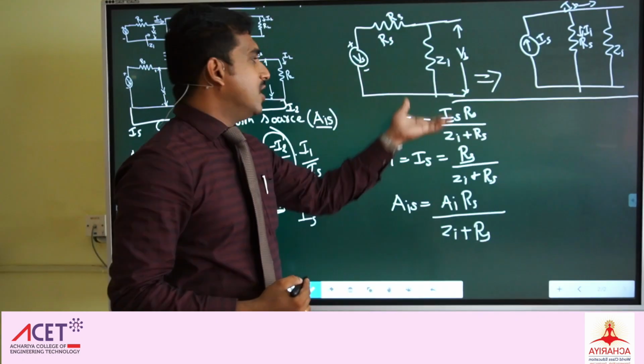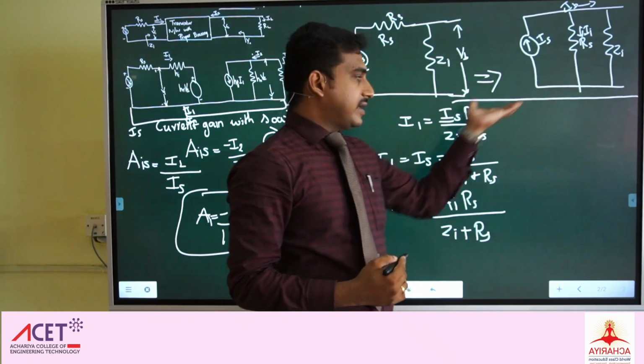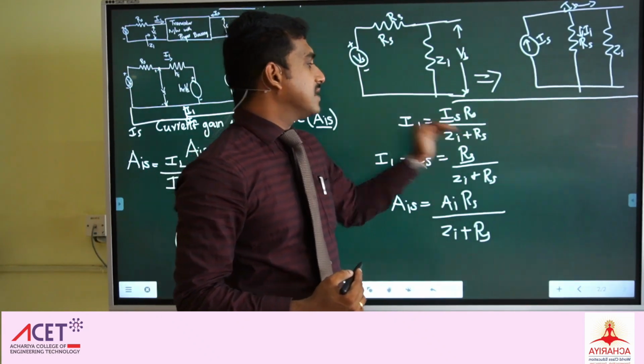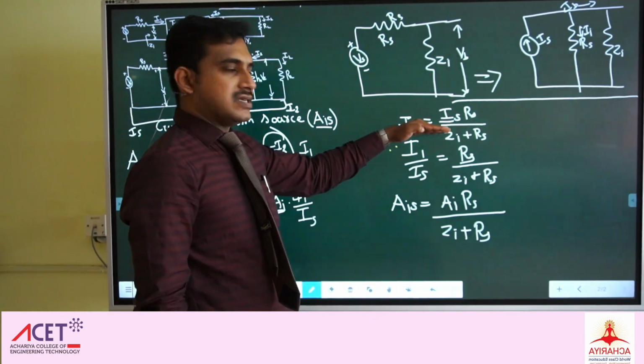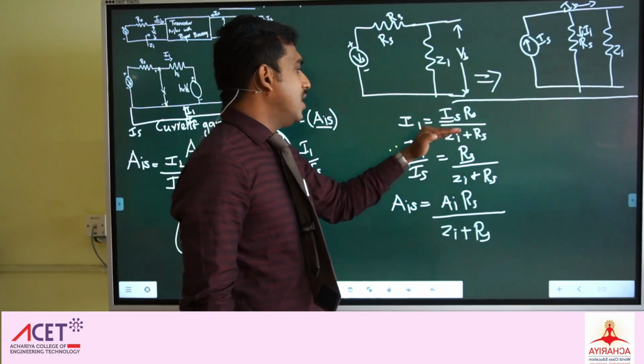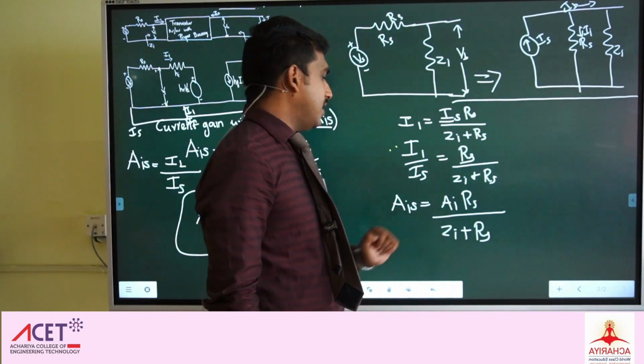So I1 is equal to IS into Rs divided by Zi plus Rs. From this equation, I1 divided by IS is equal to Rs divided by Zi plus Rs.